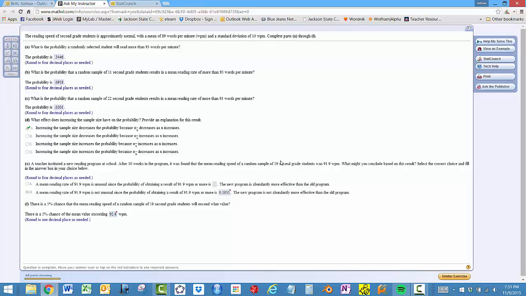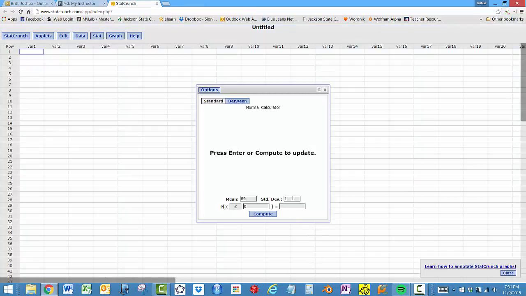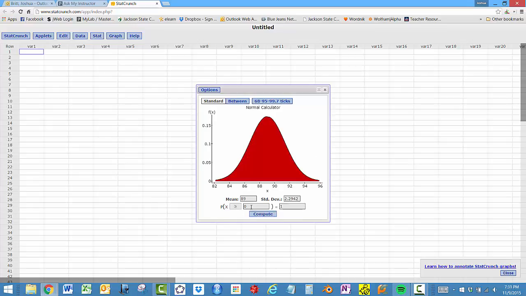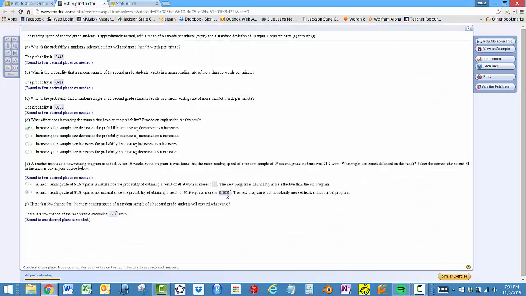So 10 divided by square root of 19 is 2.2942. And then we want to know the probability that we get a value that is greater than 91.9.